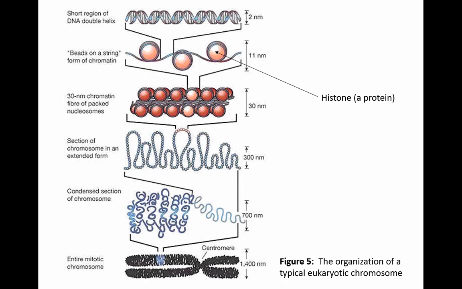So I want to talk about the eukaryotic chromosome a little bit and how it's organized. If you start down here at the bottom of this figure, you will see an entire mitotic chromosome. And again, that's just a fancy way of saying that this chromosome is actually composed of not one, but two identical copies of the same chromosome.